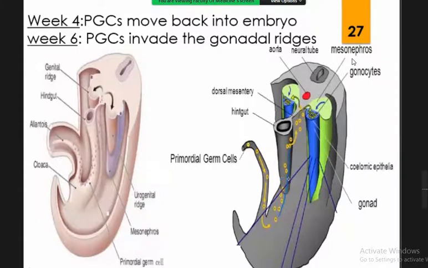So in our illustration here, we can see in yellow the primordial germ cells migrating and entering gonads on either side. And this will be towards the end of week 6. By the beginning of week 7, we already have our gonads and they have the primordial germ cells within them.